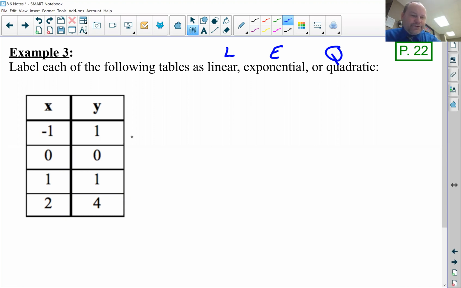If we look at the first difference, 0 minus 1 is negative 1. 1 minus 0 is 1. 4 minus 1 is 3.